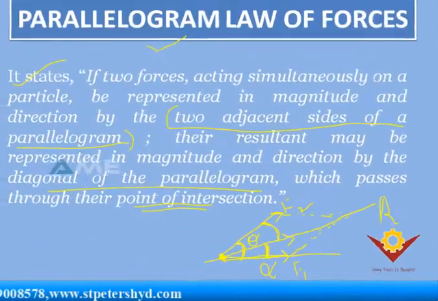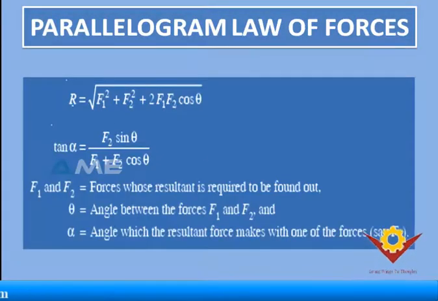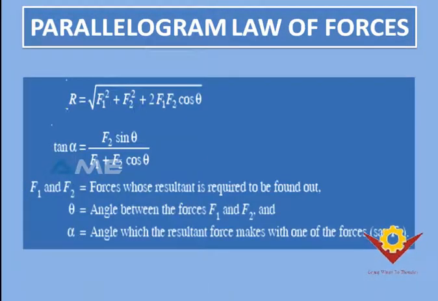Now we'll see the formulas for this parallelogram law. According to the parallelogram law of forces, your resultant is equal to square root of F1 square plus F2 square plus 2 F1 F2 cos theta. This theta is the angle between two forces.